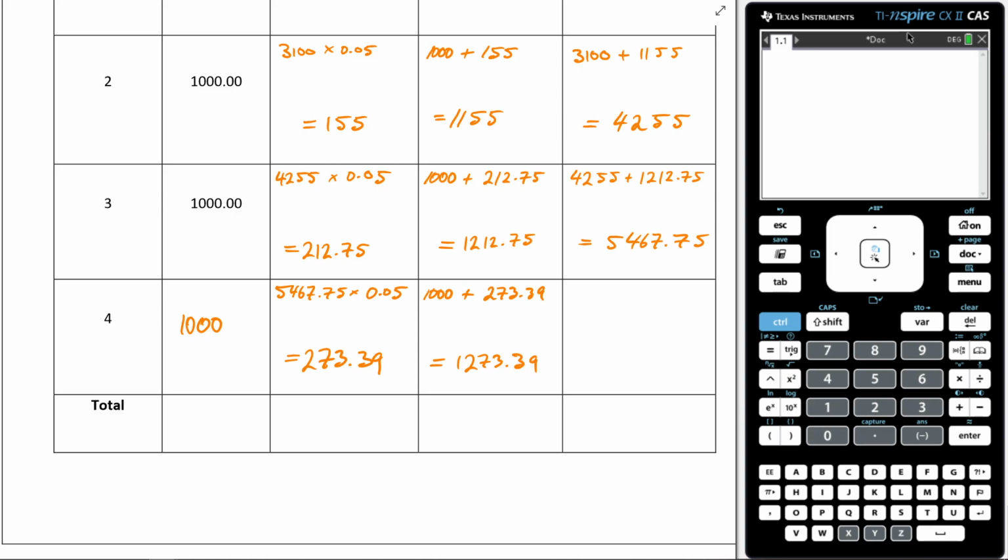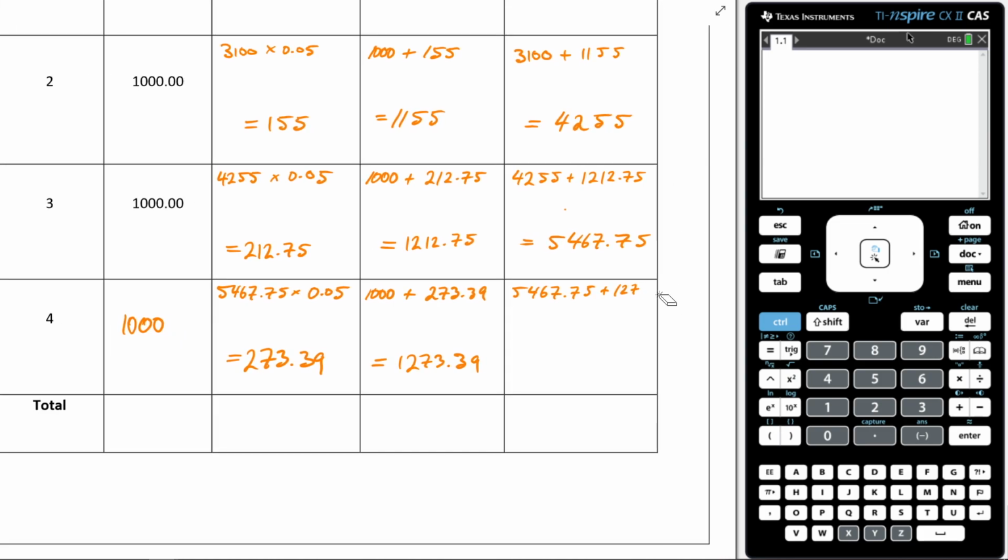Then I add that onto my previous balance to figure out my new balance: 5,467.75 plus 1,273.39 is 6,741.14.